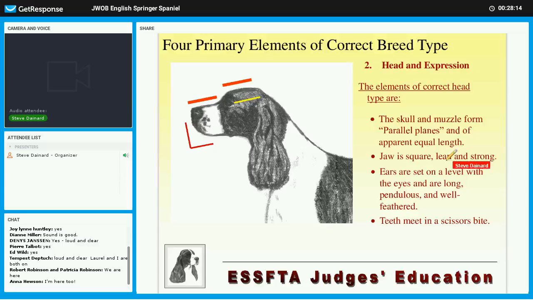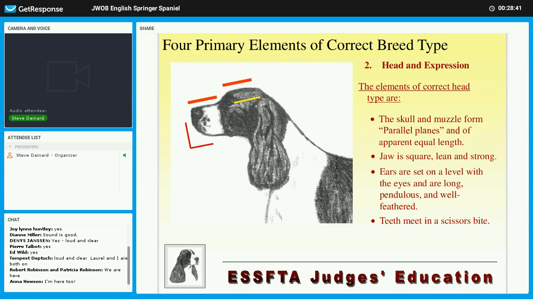Again, we're looking at the plane of the nose to the plane of the skull. They're saying parallel, but there's a lot of discussion that we should really be approximating parallel. Essentially, you're looking for those planes to be complementary and approximately in the same plane.